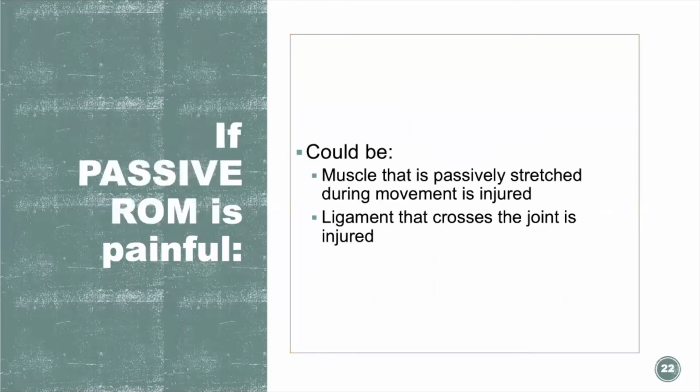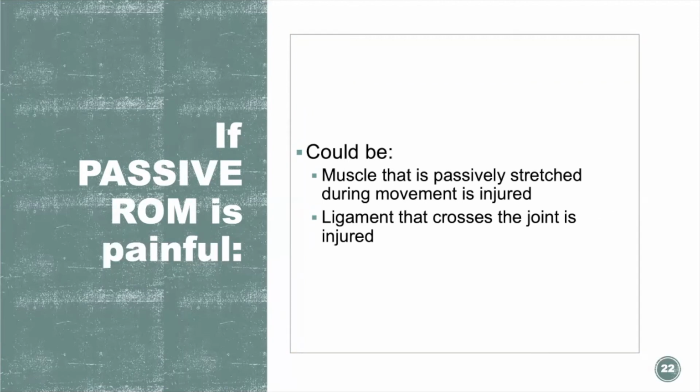Now let's take a look at passive range of motion. Now remember, we're not looking at force, so there's no weakness that is going to come with passive range of motion, but we are looking at pain. So if there was pain upon passive range of motion of whatever it is that we're testing, it could be that the muscle that is being passively stretched during that movement is injured.